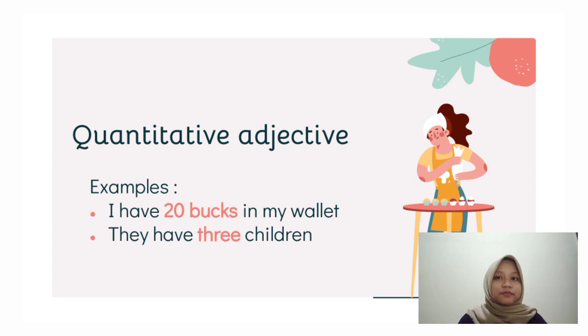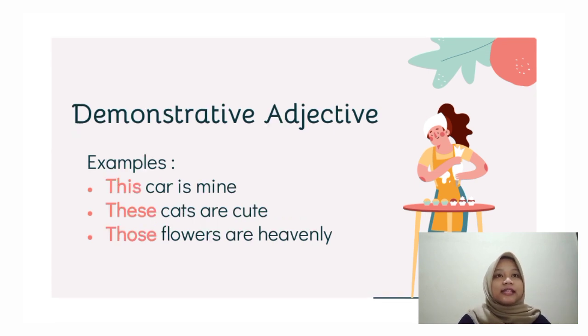And the next is the demonstrative adjective. This adjective directly refers to something or someone, or describes which noun or pronoun you're referring to. Examples of this adjective are this, that, these, and those.